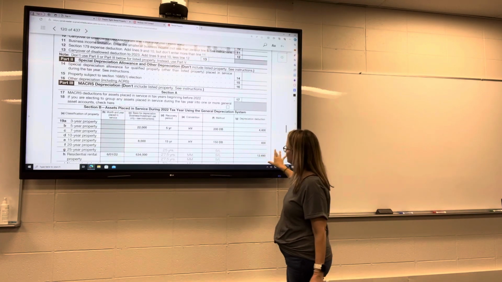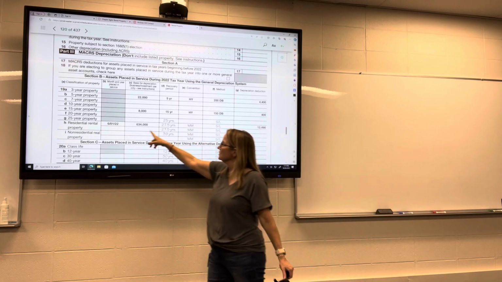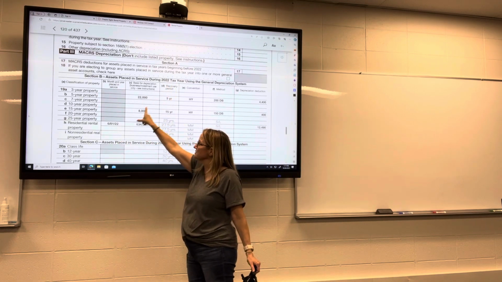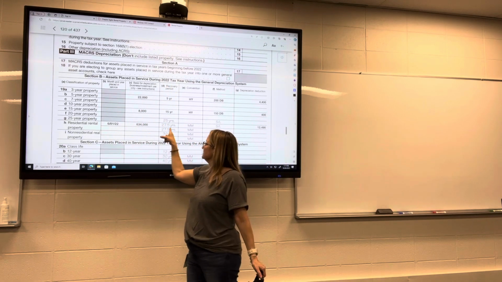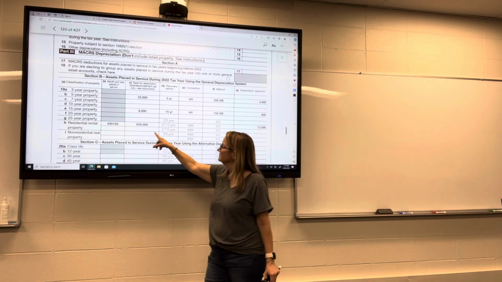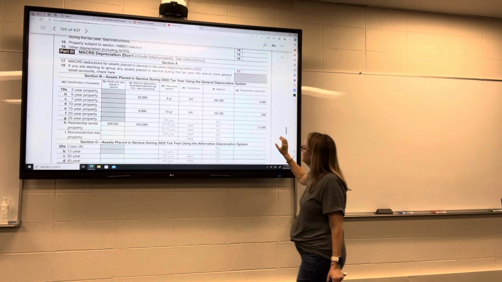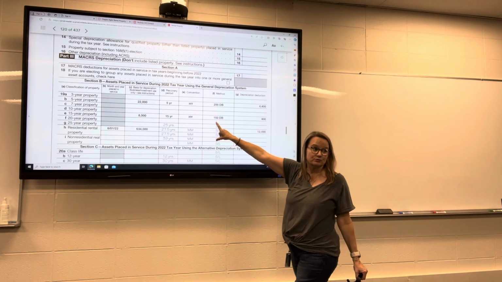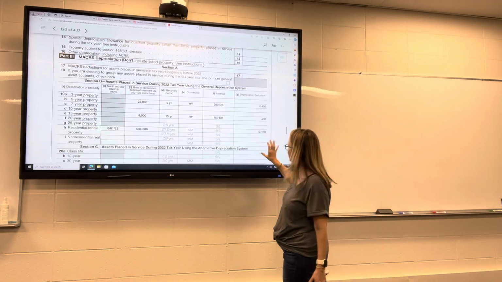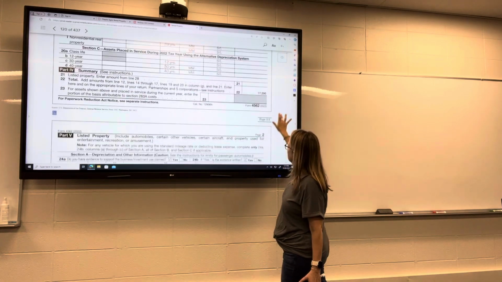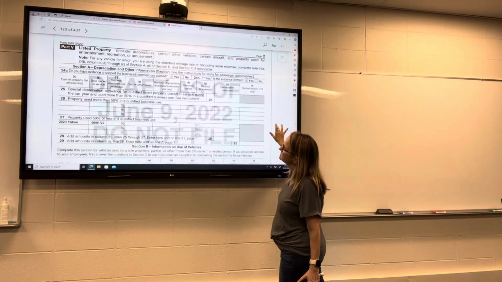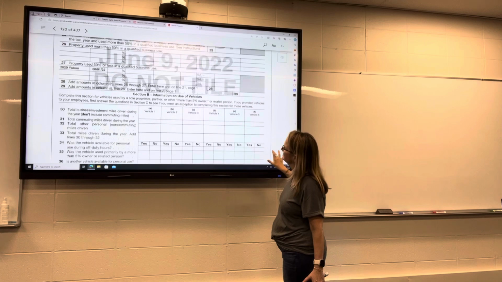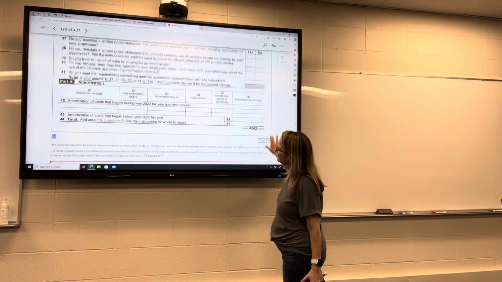So that's what this form is here. Remember, in this example, it's a residential rental, so it's 27.5-year life. They purchased it this year, but they've got some other types of property as well. We're going to go through and talk about why those might be separated out here. That's page 2 of the 4562. You're familiar with that.